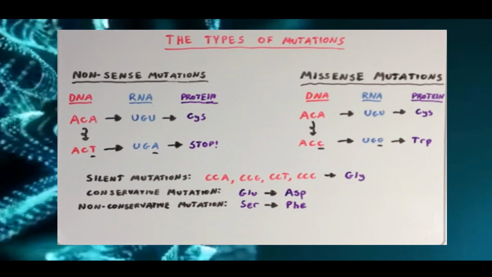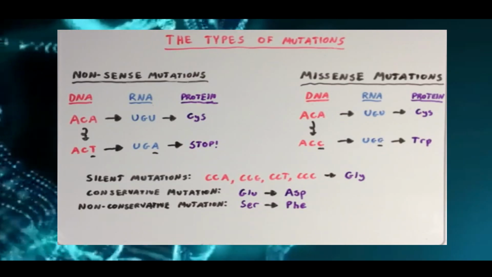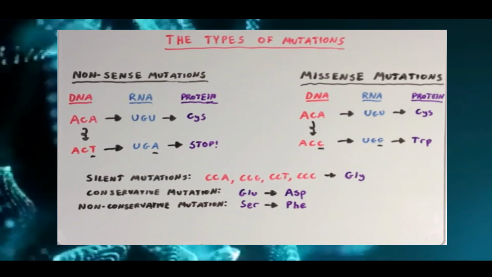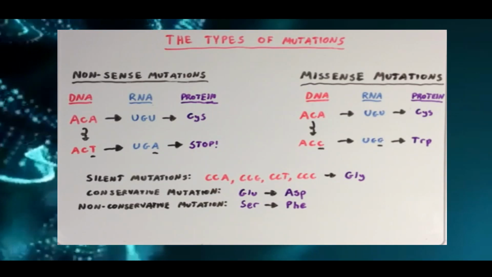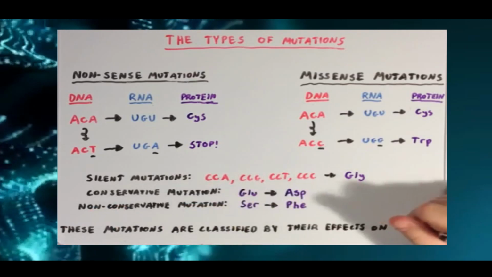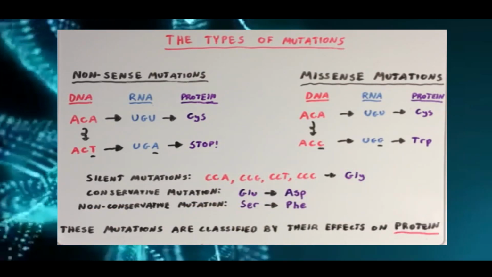So, here we have a serine amino acid, which is a smaller polar amino acid, being replaced with phenylalanine, which is a large non-polar aromatic amino acid, and this would be an example of a non-conservative mutation, since serine and phenylalanine are different types of amino acids.